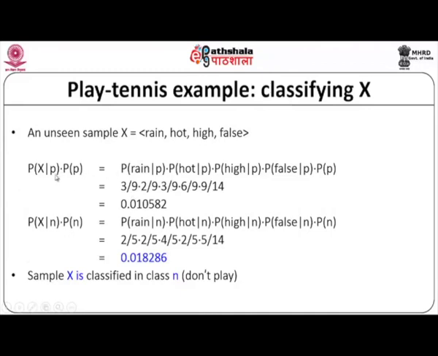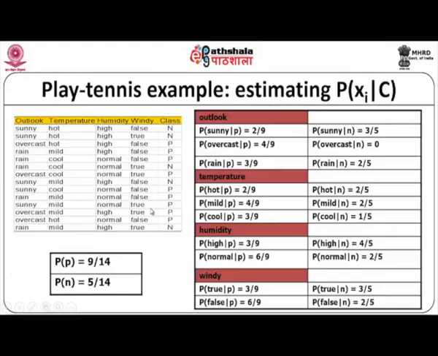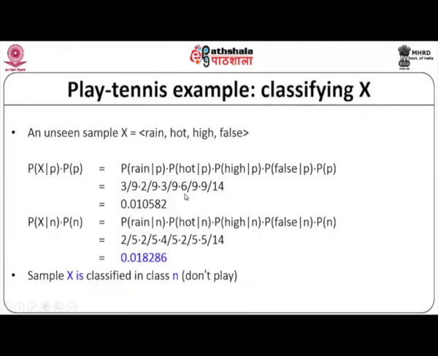The probability of x given p is the product of the individual probabilities of the attributes outlook, temperature, humidity and windy with respect to the class label p, multiplied by the probability of the class label p.